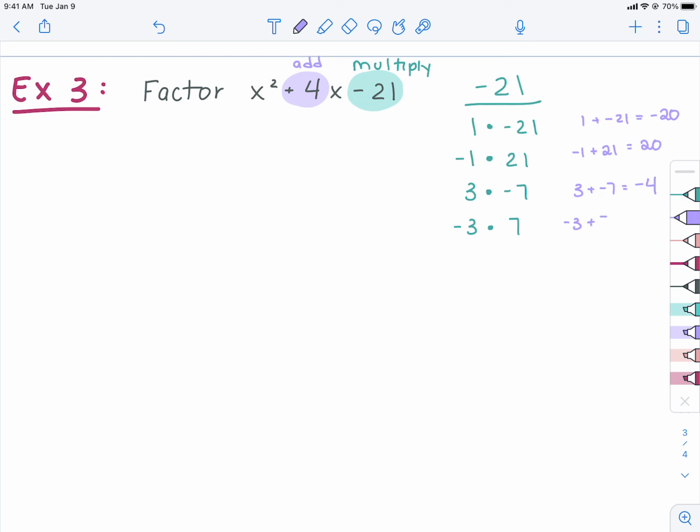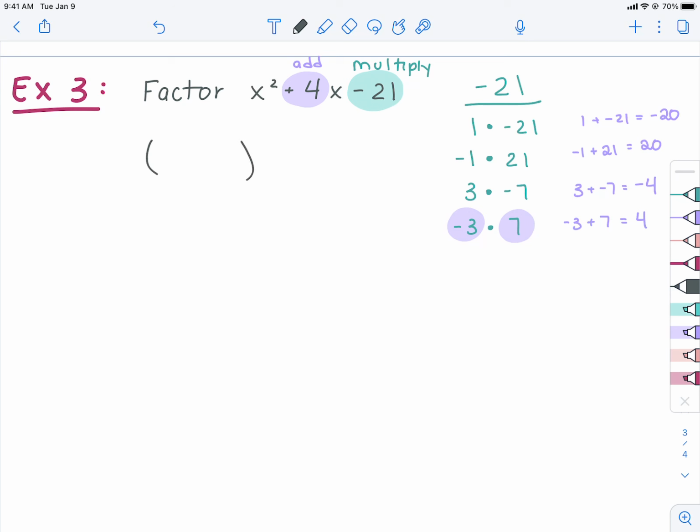Negative 3 plus 7 gives me positive 4. So the factors I want to use are negative 3 and positive 7, because negative 3 times positive 7 equals negative 21 when I multiply them, and when I add them, I get 4. So I've checked off both my boxes. I've got my multiply, I've got my add, so I can factor it.